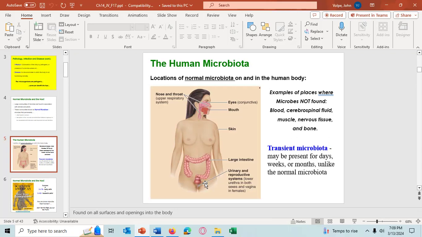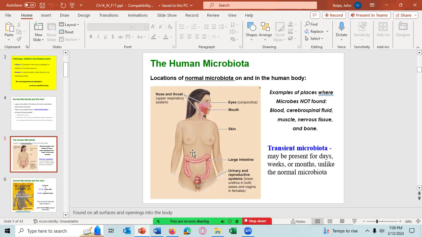The upper genital urinary system does not normally have normal microbiota. And don't ask me where the upper is because I suppose it depends if you're a male or a female, but the bladder is one region where you can have a normal microbiota, at least of females. The kidneys would be definitely where you do not normally have normal microbiota.